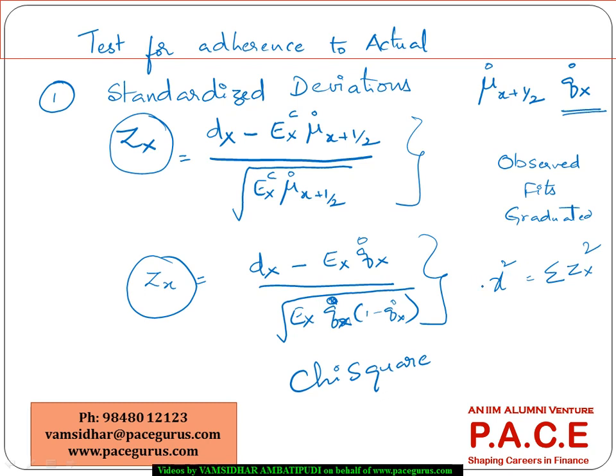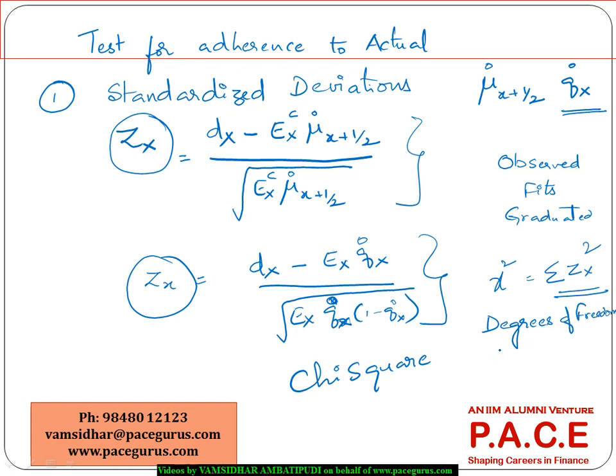The chi-square is the summation of this zx squared. Whatever value I get, I'm comparing it with a chi-square distribution. And how many degrees of freedom do I have to use? Because for every comparison with a chi-square distribution, I have to find out the degrees of freedom, right?